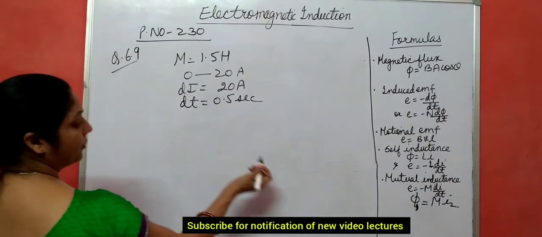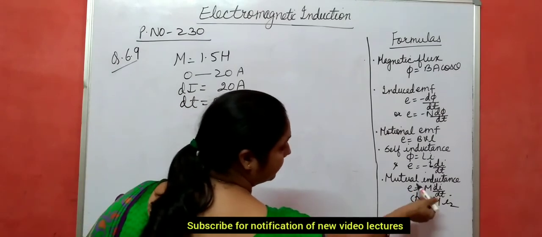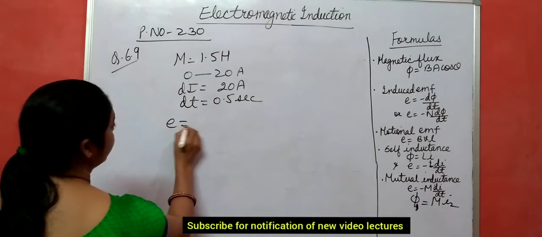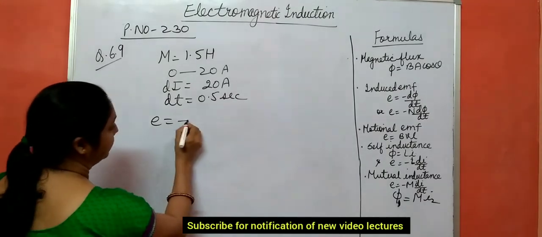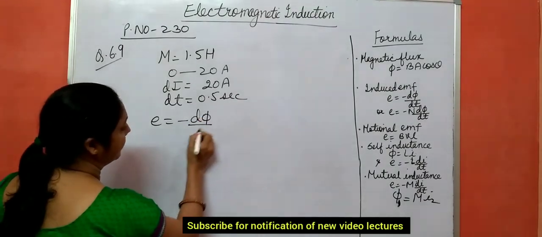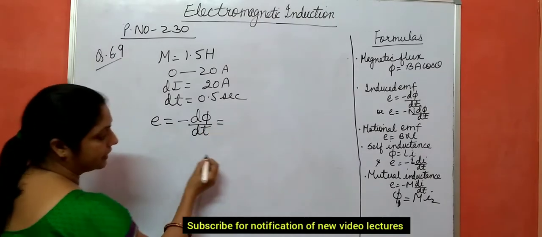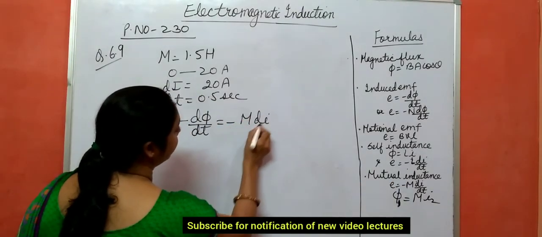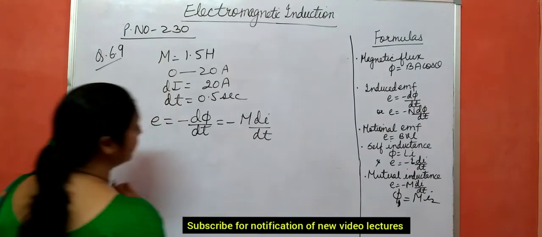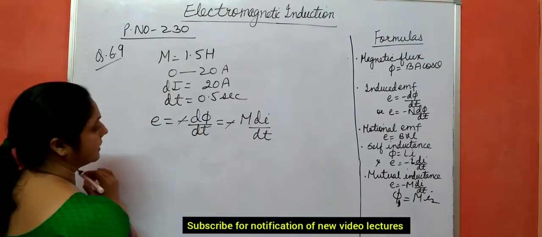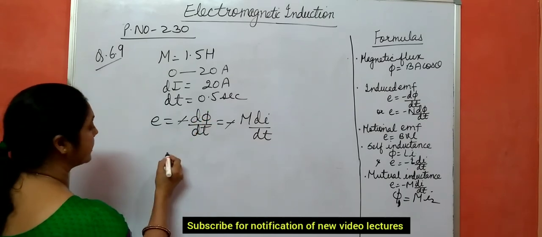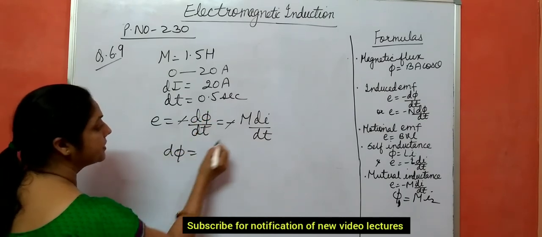So you know, in the case of two coils, mutual inductance is there. Induced EMF E is equal to, according to Faraday's law, minus d phi by dt, and this is equal to minus M di by dt, right? From here minus minus cancel. You have to find this change in magnetic flux. Then d phi becomes what?